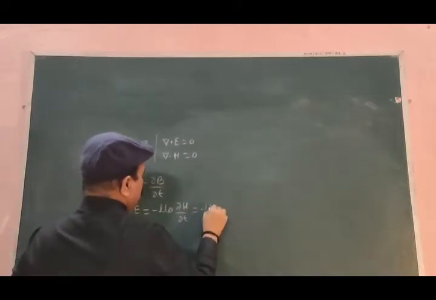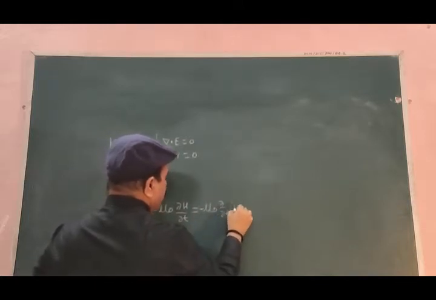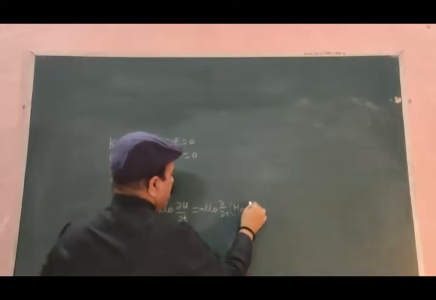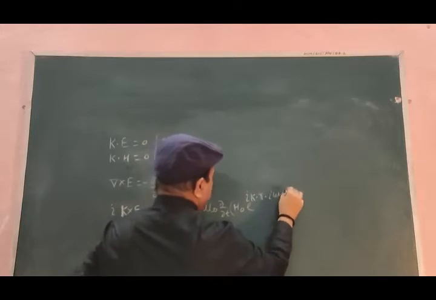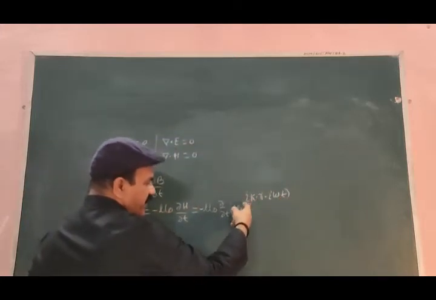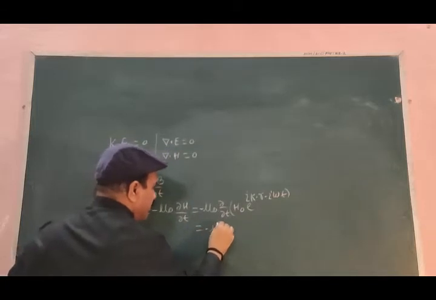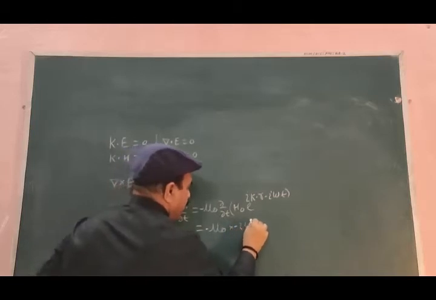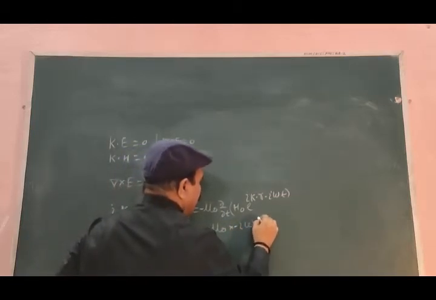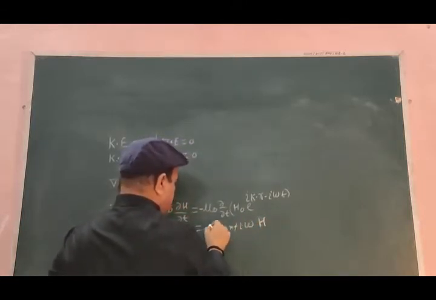This is further minus mu 0 dou by dou T of H0 e to the power I K dot R minus I omega T. Differentiating this, you will get H here. Differentiation of this will be 0, this will be minus I omega. So minus mu 0 into minus I omega into H. This minus minus will become plus.